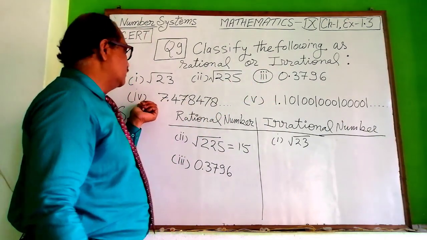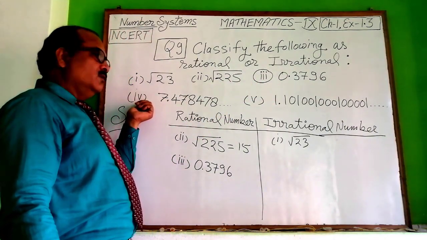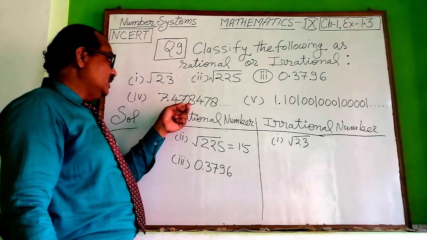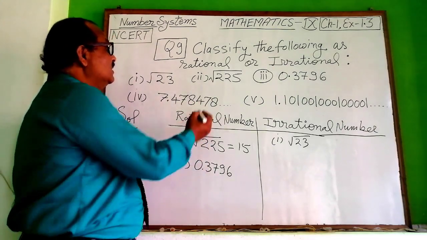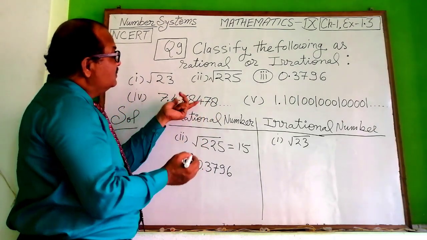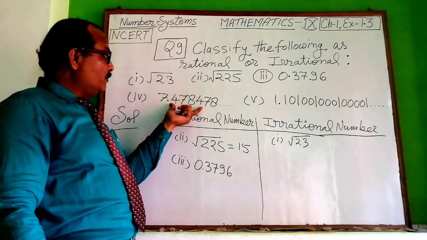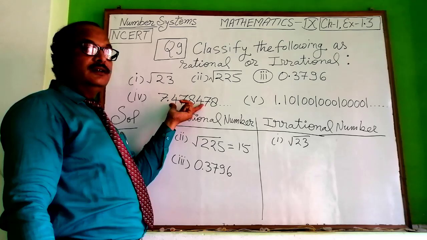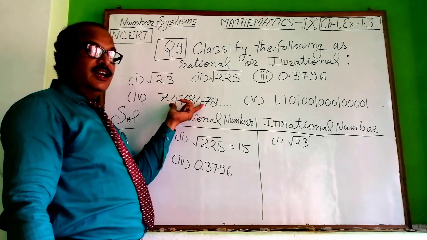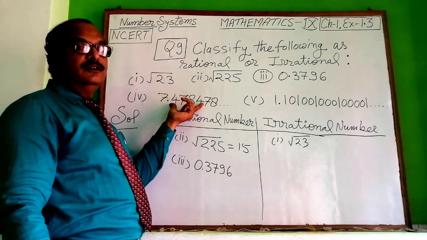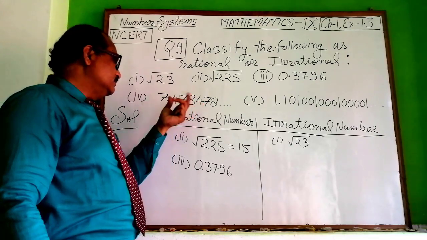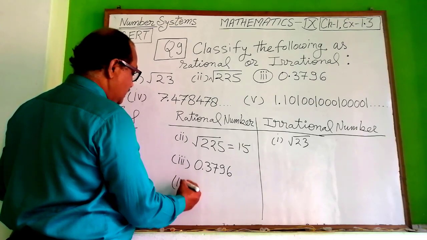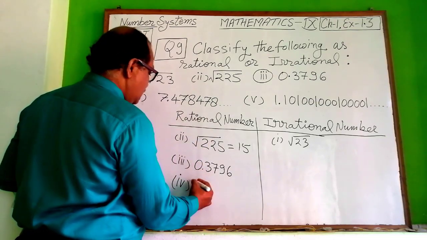Now come to the fourth one: 7.478478, it means 478 is repeating. So which type of number is this? This is a recurring decimal, or you can say non-terminating repeating, and you know all non-terminating repeating numbers are rational numbers. So the fourth number goes in the rational category.